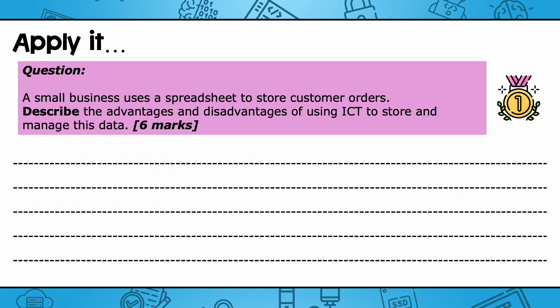Right, gold tier question. So this is a 6-mark question. A small business uses a spreadsheet to store customer orders. Describe the advantages and disadvantages of using ICT to store and manage this data. So pause the video and have a go.